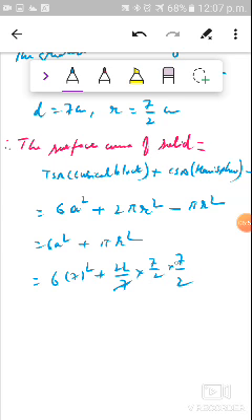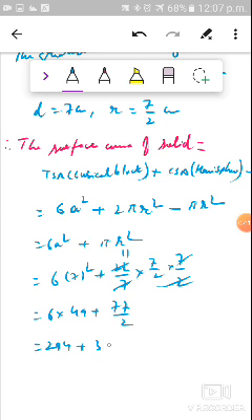So 7 is cancelled by 7, 2 11s are 22, so this is 6 into 49 plus 11 times 7, which is 77 by 2. And 6 into 49 is what? That is 294. 294 plus 77 by 2, which is 38.5, okay.